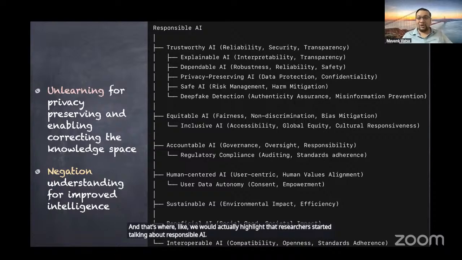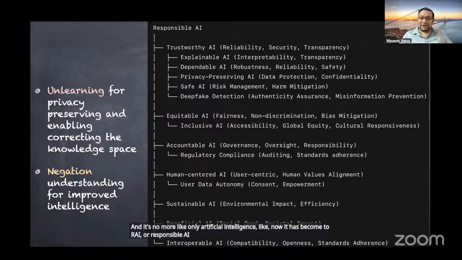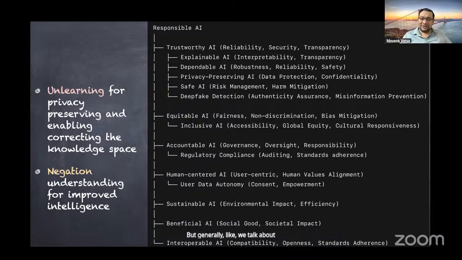It's no more only artificial intelligence; now it has become RAI, or responsible AI, which encapsulates multiple themes and threads. One can argue about what the terminologies could be, but generally we talk about explainability, dependability, privacy preserving, safety, deepfakes or misinformation, equitability, accountability, and so on and so forth.